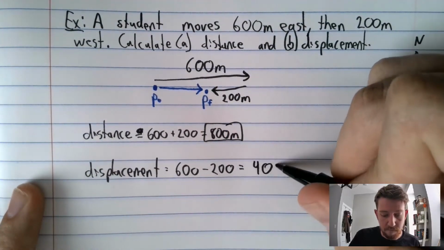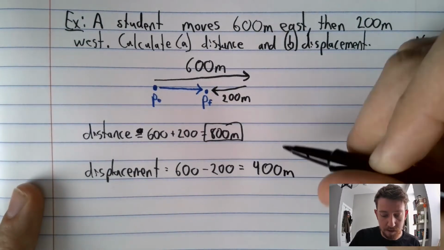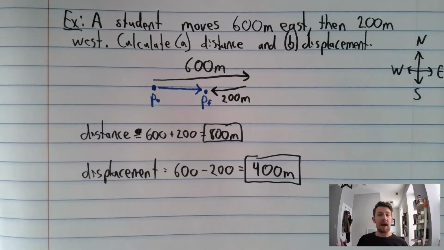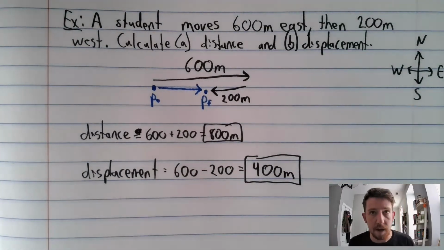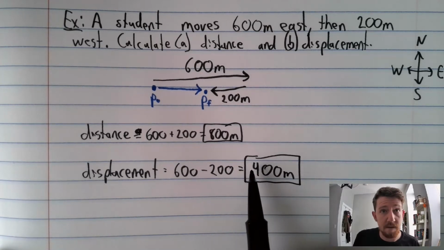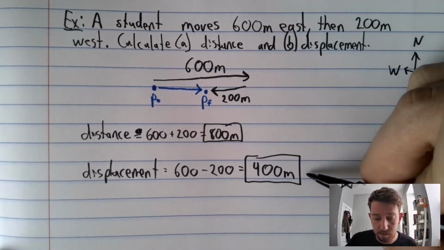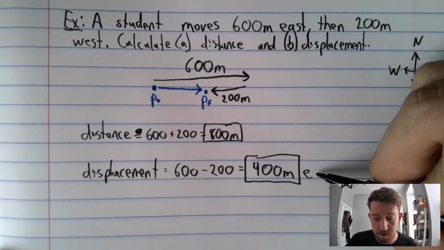So it looks like they are 400 meters from where they started. But I need a direction. There are a couple things I can do. I could put a plus sign in front of the 400. That would be direction. But what I'm going to do is use the context that they gave us. They told us east and west, so I'm going to use east. So 400 meters east.